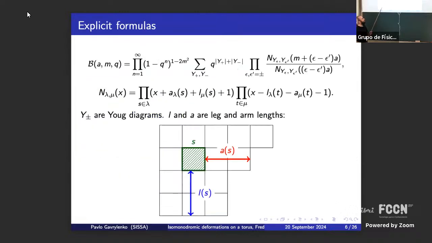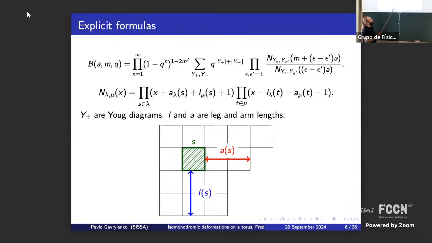So here is the definition of this function B, which is a conformal block or a partition function, which participated in that formula. It is some prefactor times a sum over a pair of Young diagrams, and the expression under the sum is the ratio of products of some elementary building blocks, which I denote by N, because they particularly appear in Nekrasov's studies of these partition functions.